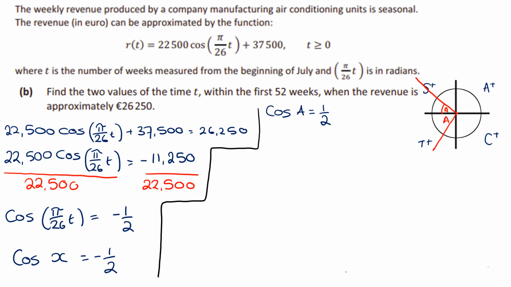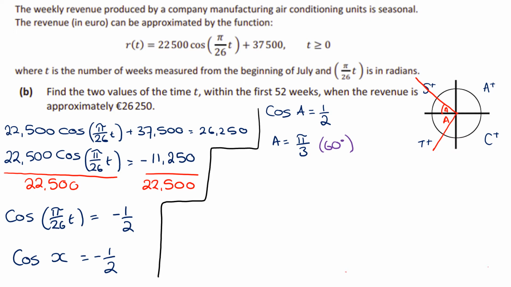So cos of A equals a half, and that gives us A is equal to pi over 3 because I'm working in radians, but in terms of degrees, that's 60 degrees. So I'll just keep that so we can make sense of it as we're going through.